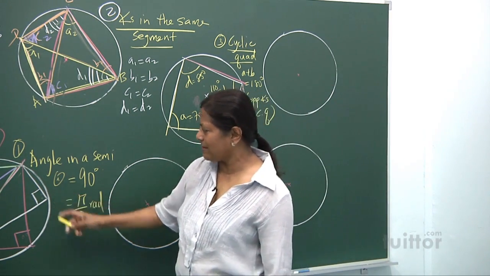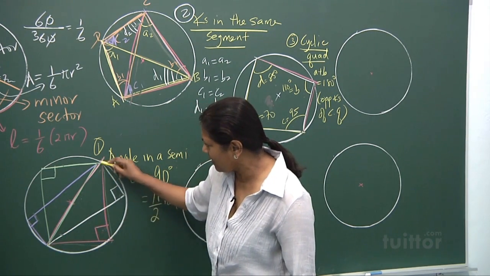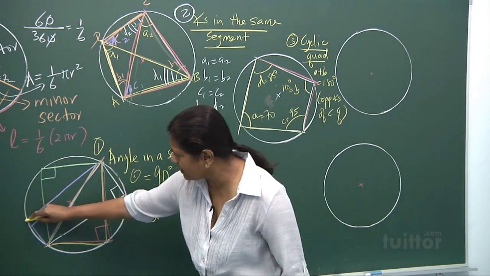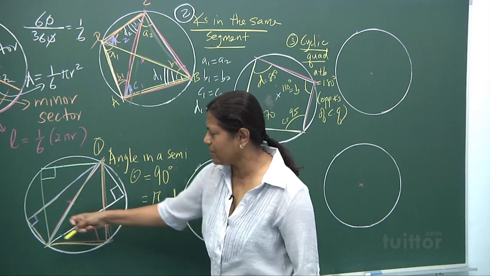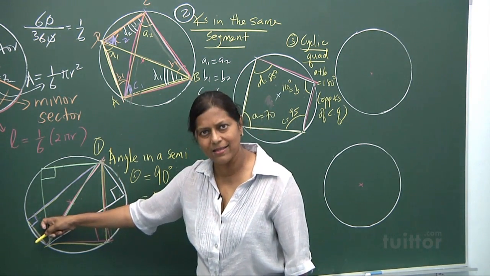Now let me bring you back to this sum. You just look at any cyclic quad property. I look at this now: four-sided. Do you see the cyclic quad? Do you see the opposite angles? 90, 90, 180.